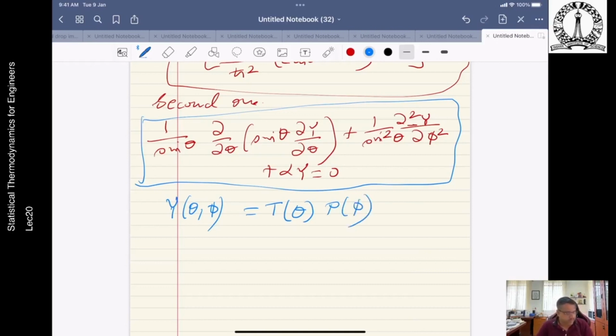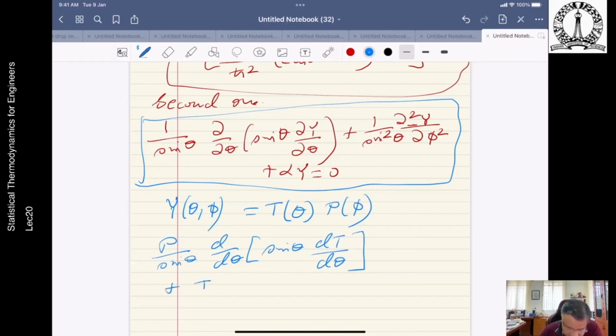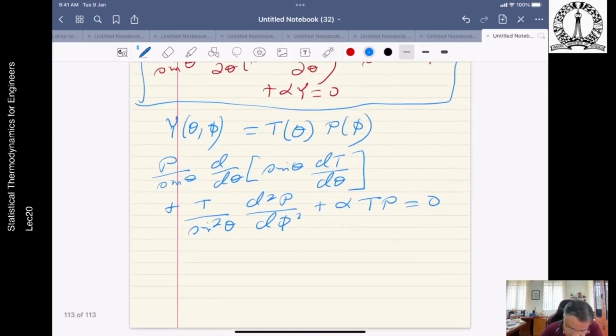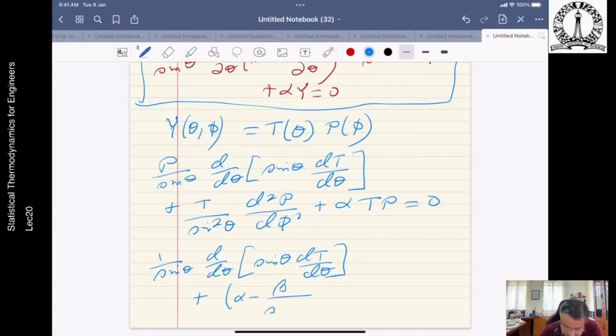So this can be written as T(theta) times P(phi). Okay, all right. So this can be further broken up: 1 over sine theta d by d theta of sine theta dT by d theta, plus alpha minus beta over sine squared theta, T equal to 0.